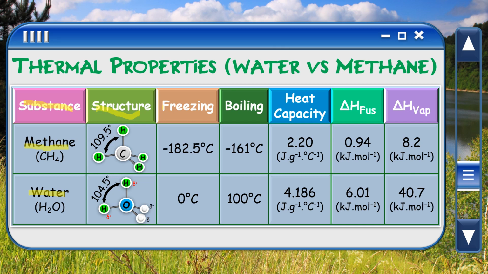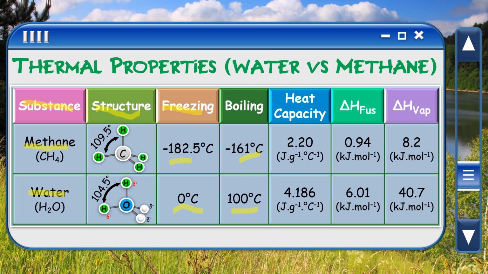When it comes to freezing, methane freezes at negative 182 degrees Celsius, whereas water freezes at 0 degrees Celsius. Methane boils at negative 161 degrees Celsius, and water boils at 100 degrees Celsius.